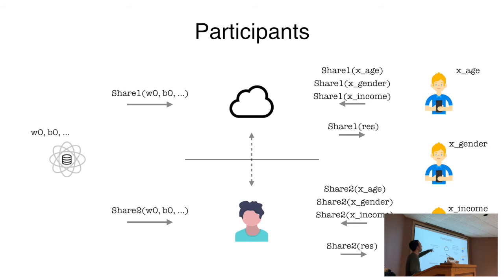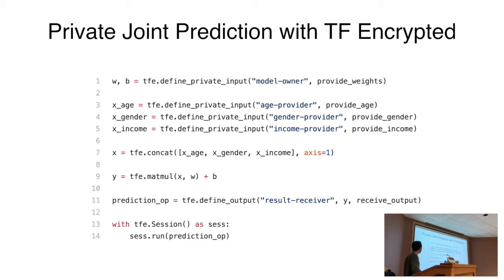And those shares can be sent to whoever is designated as the person to get that result. So the code is very similar, but we're going to just create functions that provide each different feature, annotate them with the feature owner's device, and then concatenate them together and run it through the model. In this case, it's just a normal linear regression.